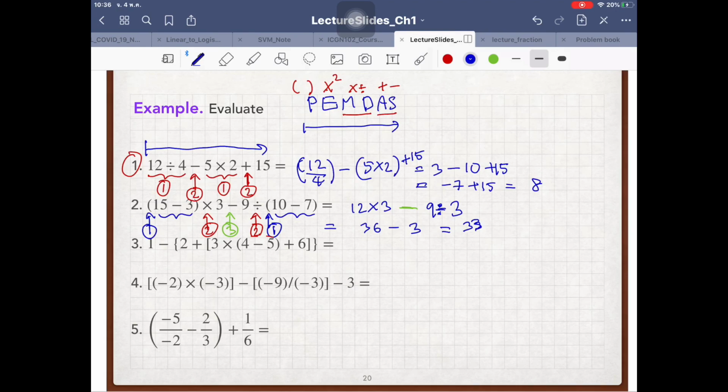For the next problem, problem number 3, now we see lots of parentheses, all right? So let me give you the name of each parenthesis. If you have just the symbol like this, here we call them parentheses.